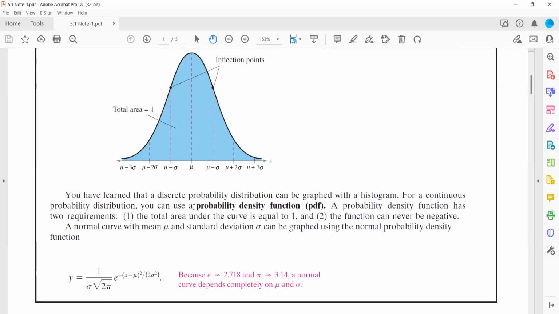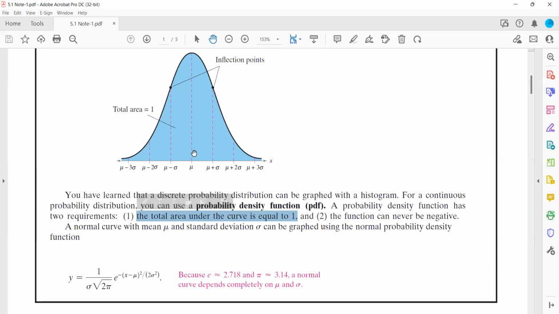You can use a probability density function, or PDF. A probability density function has two requirements. First of all, the total area below the graph must be 100% or 1.